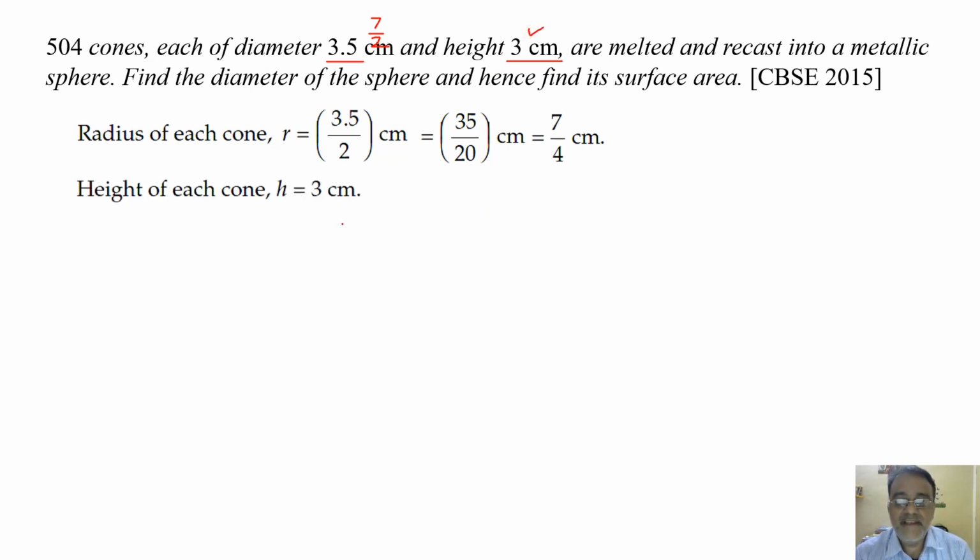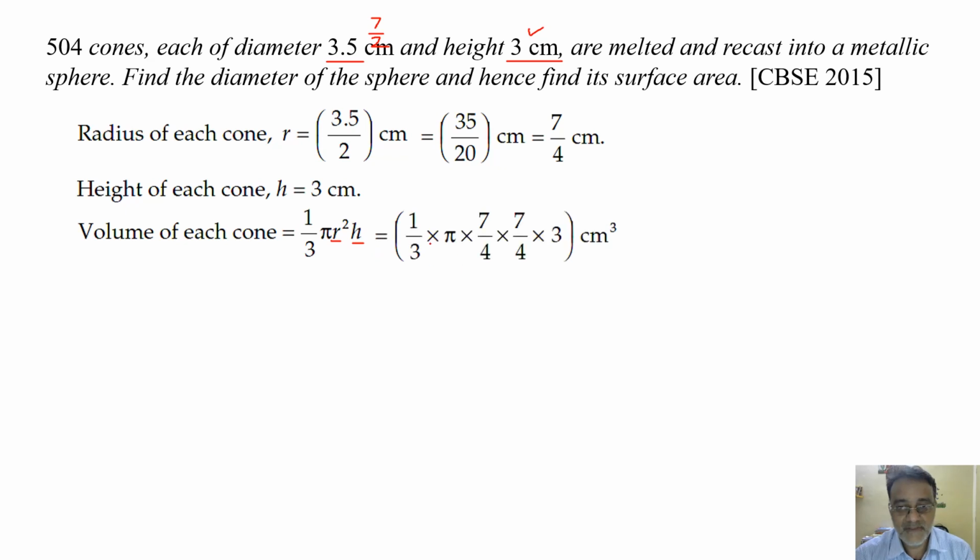Now volume of each cone will be 1/3 pi r square h. So we will not substitute the value of pi because the sphere also has pi. So only r and h we will substitute here. So 7/4 into 7/4 into 3. So 3 will be cancelled and we are getting 49/16 pi centimeter cube. I think this calculation is clear.